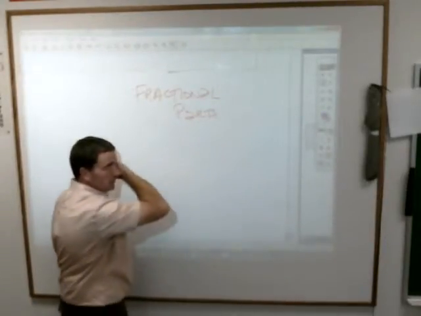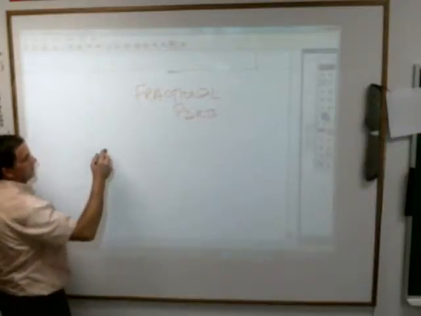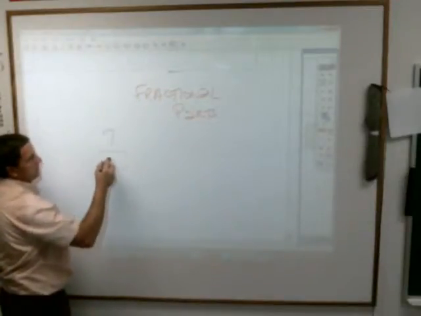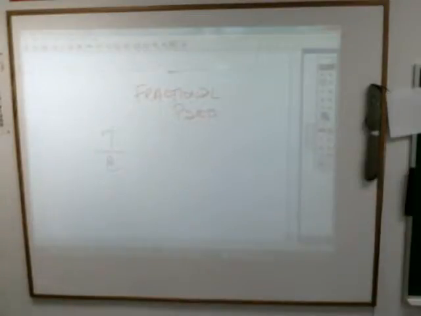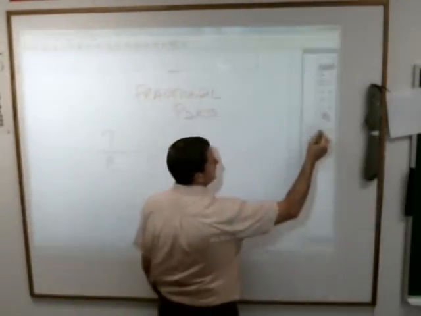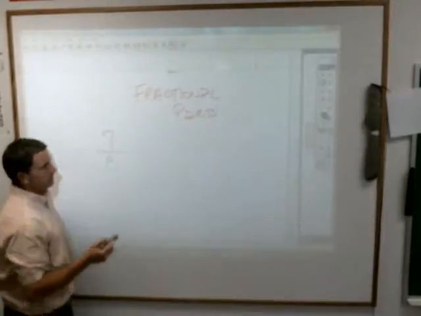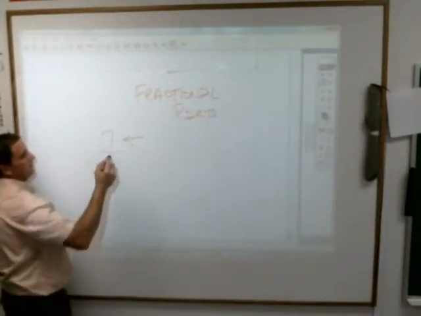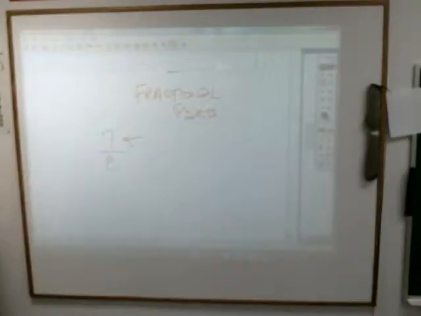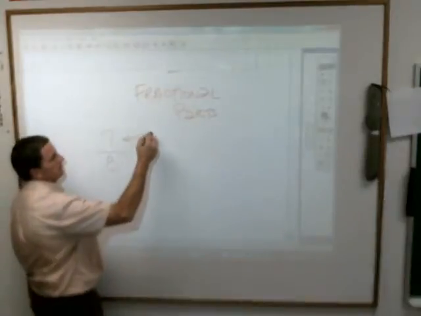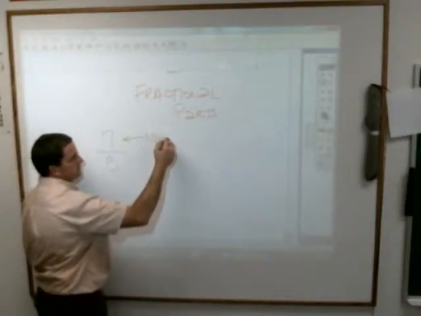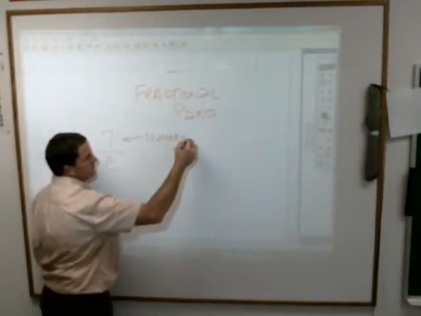It's always good when we start with fractions to throw out there this whole thing here. What are the names of the parts of a fraction? On top of a fraction, and again, we don't use these very often, but every now and then they come up here. Top part of a fraction is called the numerator.